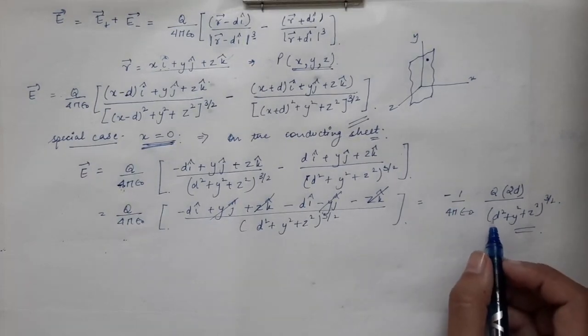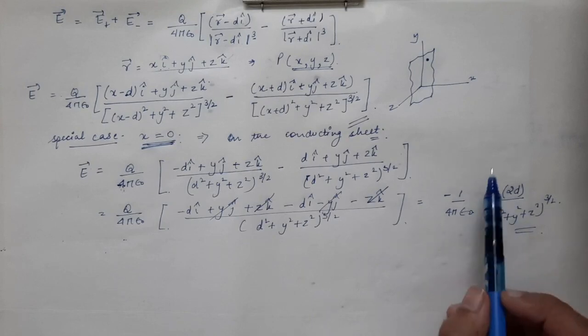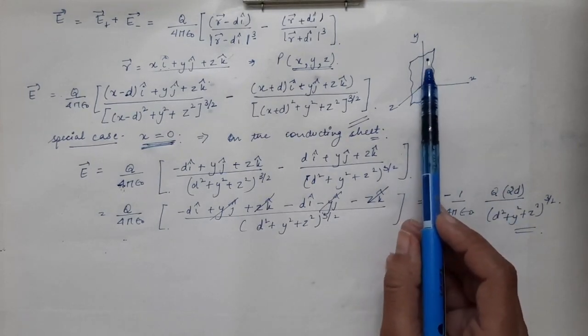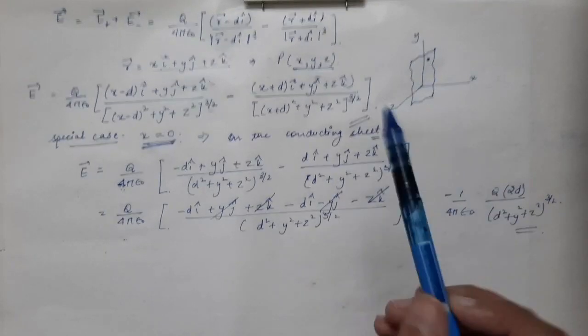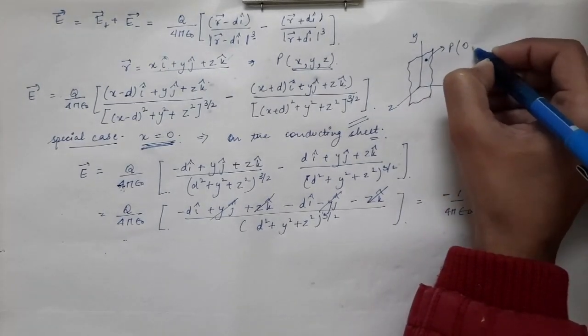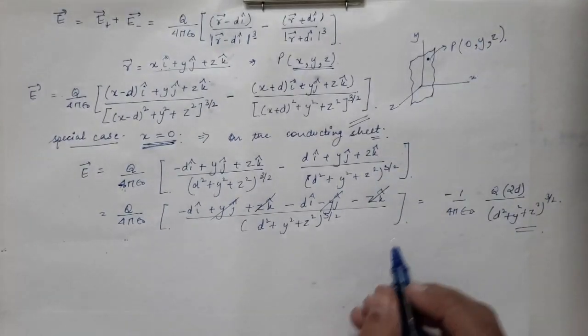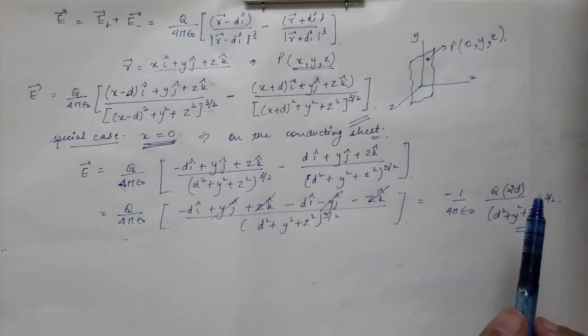This is the expression of the electric field at the observation point placed on the surface of the conducting sheet. At the observation point P, x will be equal to 0, but we can have non-zero y and z because the sheet is placed in the YZ plane.